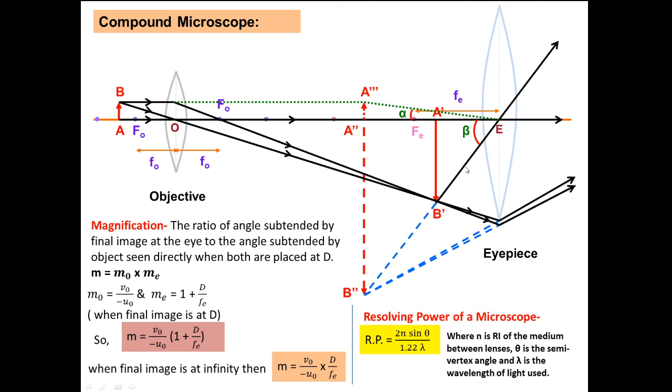So the angular magnification is beta by alpha.